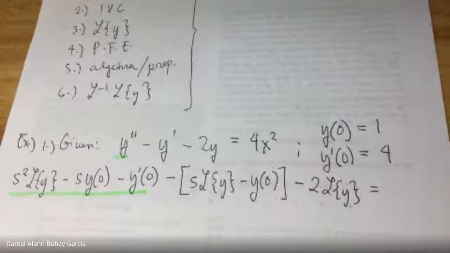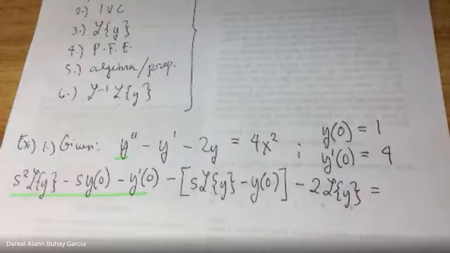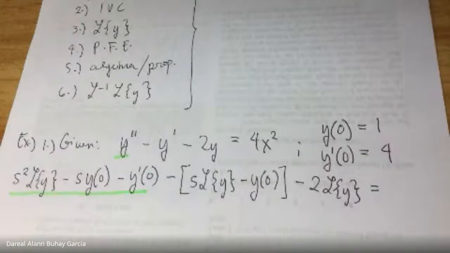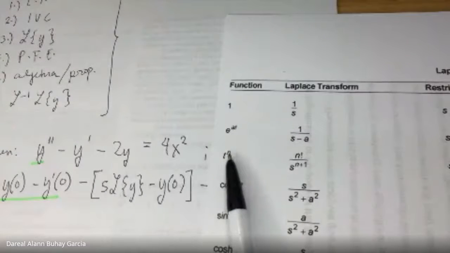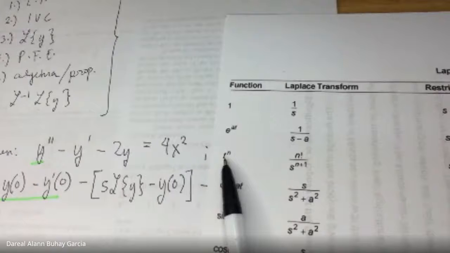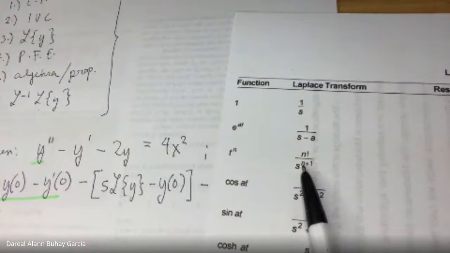So, kato na table. Put out your tables. What's the Laplace transform of 4x squared? This one, no? What is n? Where t is x. What is n? 2. So if n is 2, substitute dire, 2 factorial over s to the power of 2 plus 1 or 3.